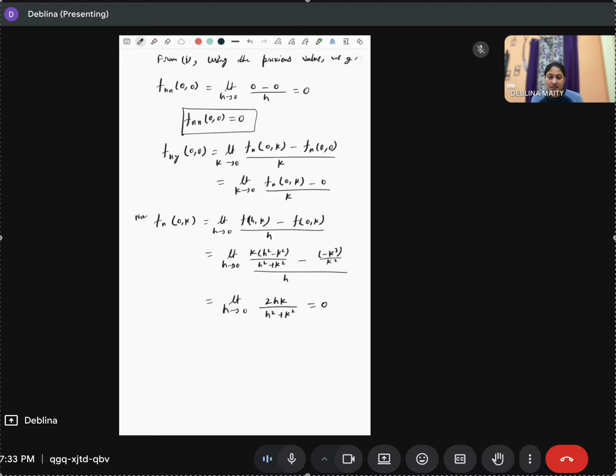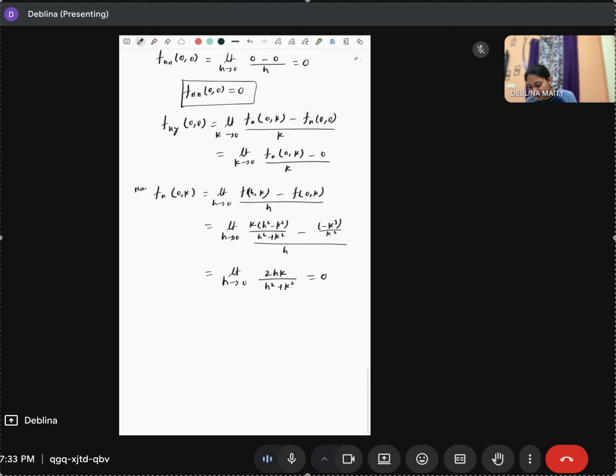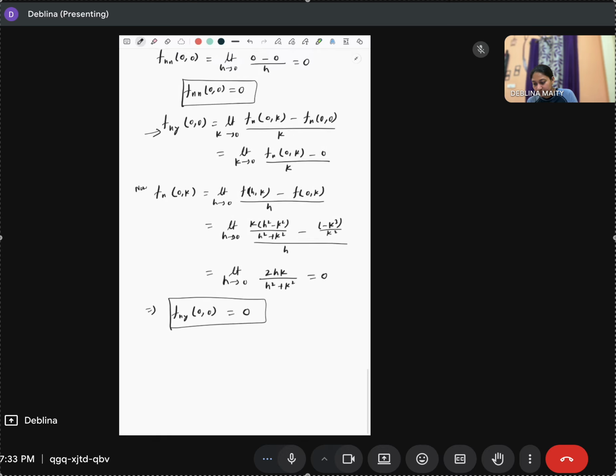Because k is fixed here and h goes to 0. So fx(0,k) is 0. This implies fxy(0,0), which was the limit as k tends to 0 of fx(0,k) by k, is also 0, right? By this formula. So fxx and fxy are done.